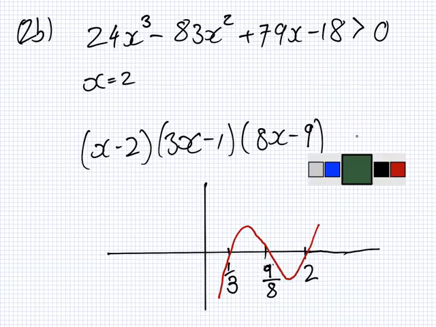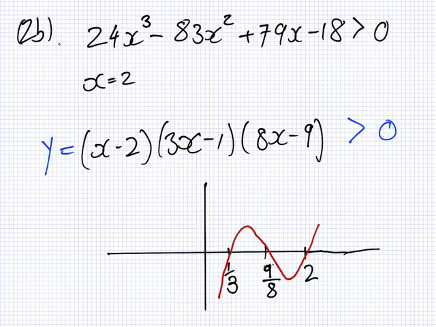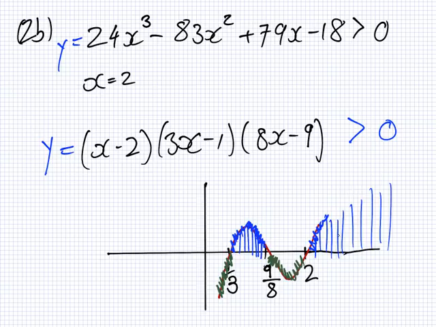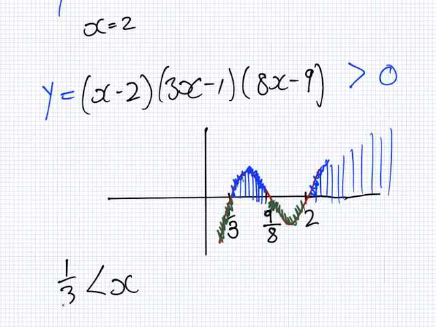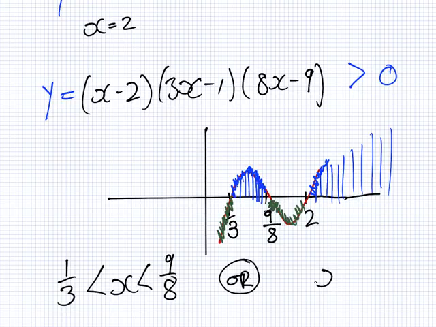And this is the y, and I want it to be positive. So here is when the y is positive, and here is when the y is positive. Here the y is negative, and here the y is negative. So I only care about this part and everything out here. So that means the x has to be bigger than 1 over 3, but smaller than 9 over 8, or just bigger than 2.